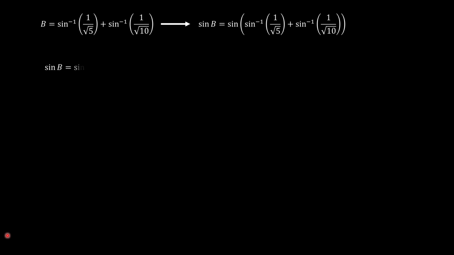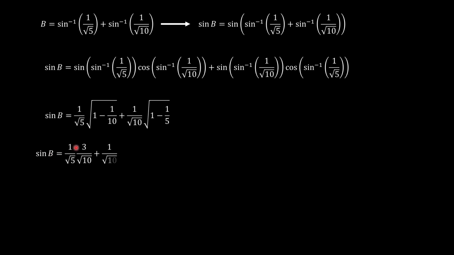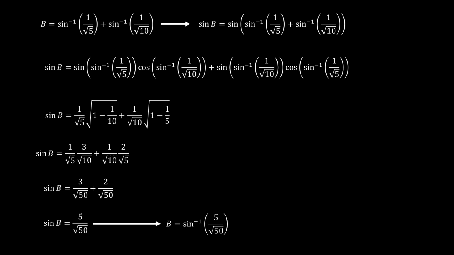And since sine of a sum of two numbers is the same as sine of the first times cosine of the second plus sine of the second times cosine of the first, we're just going to do the same thing, and this boils down to a scenario where we have sine B is equal to 1 over root 5 times 3 over root 10 plus 1 over root 10 times 2 over root 5, which means the sine B is equal to 3 over root 50 plus 2 over root 50, which is 5 over root 50. And therefore B is the same as the arcsine of 5 over root 50.